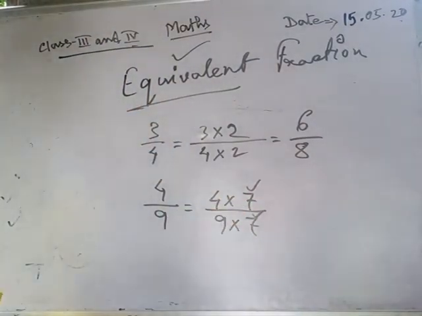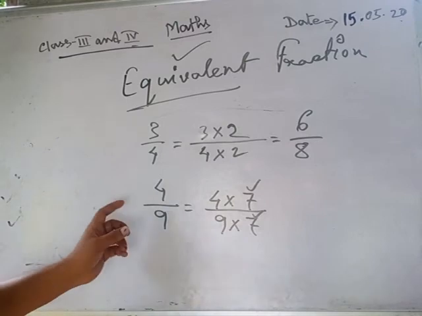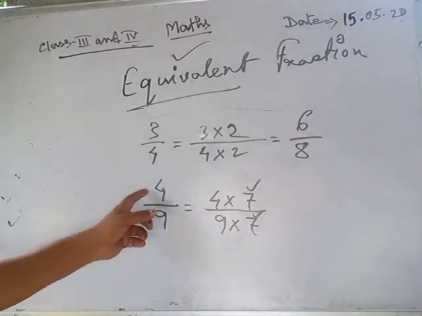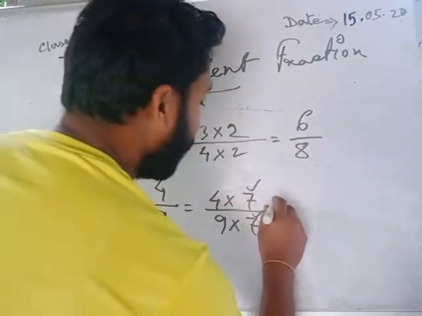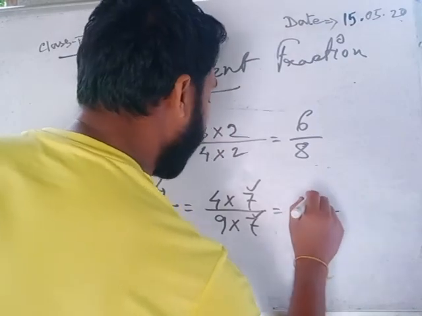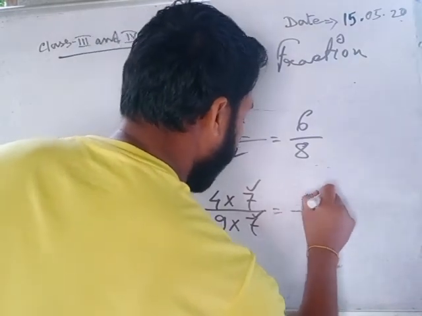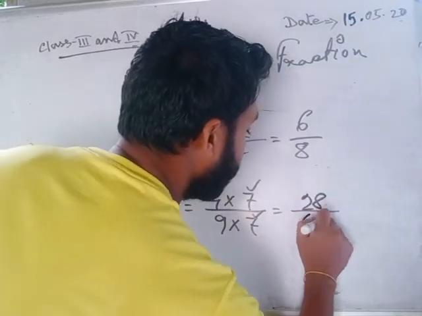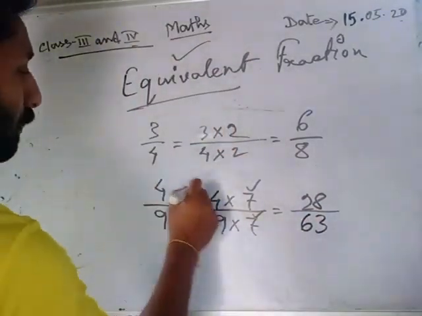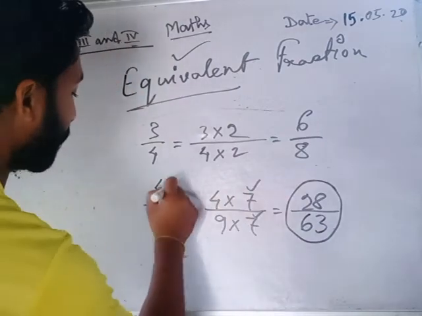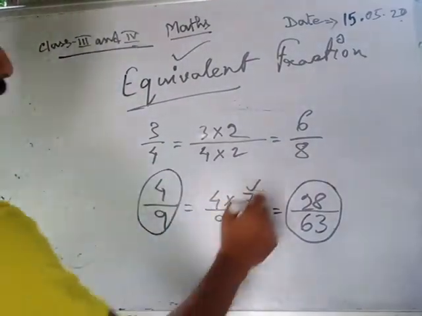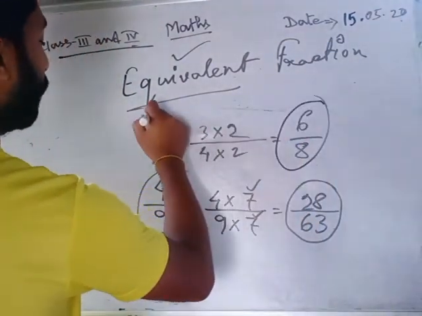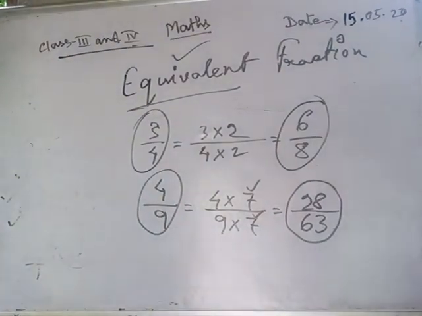If we multiply the denominator and numerator by the same number, it is called the equivalent fraction. 4 7s are 28 and 7 9s are 63. So this one is the equivalent fraction of this fraction. Okay, this one is called the equivalent fraction.